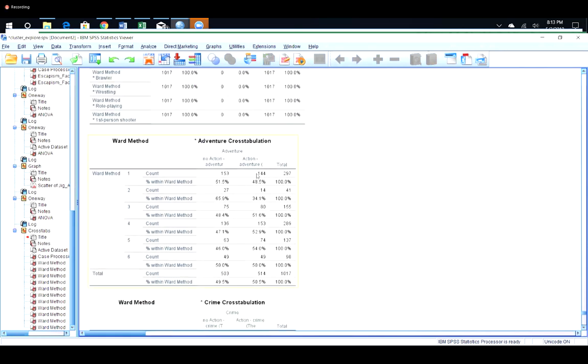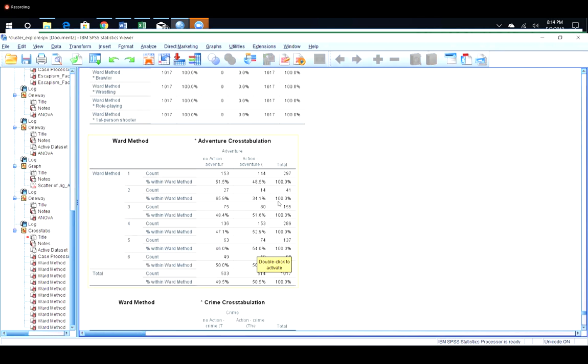So here's action game. And so this was, again, the 6 cluster solution. So what this is showing me is that this cluster, let's go through and see which one is cluster 5, whichever one that was. Cluster 5 plays the games at a higher rate than the other clusters.